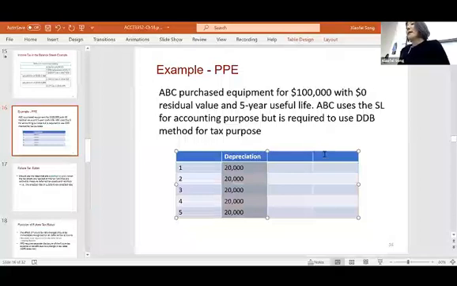And I will skip a line. And what do we call this? Capital cost allowance. That's the amount you can deduct for tax purposes. For year 1 it will be 40,000, double. And for year 2 it will be 24,000.